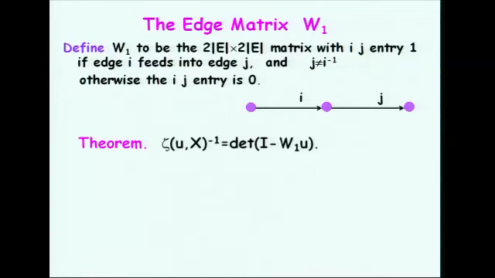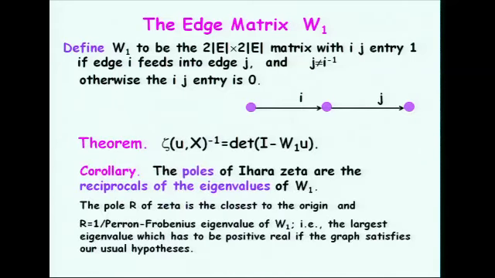Then you get this much simpler formula, that the inverse zeta is this determinant. The only drawback is that W1 is not a symmetric matrix, whereas before the formula involved only symmetric matrices. So you have to think a little bit more.